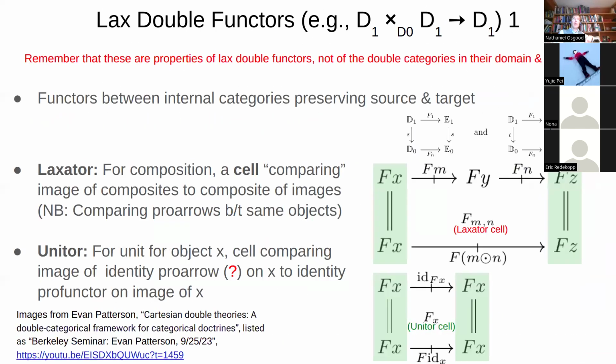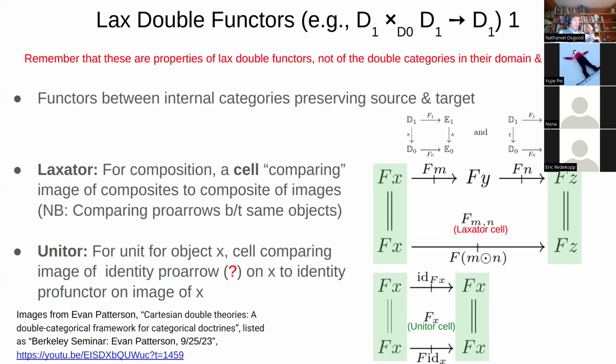these lax double functors map double categories to double categories in ways that are strict in the strict direction, the vertical direction. They preserve composition in the vertical direction.